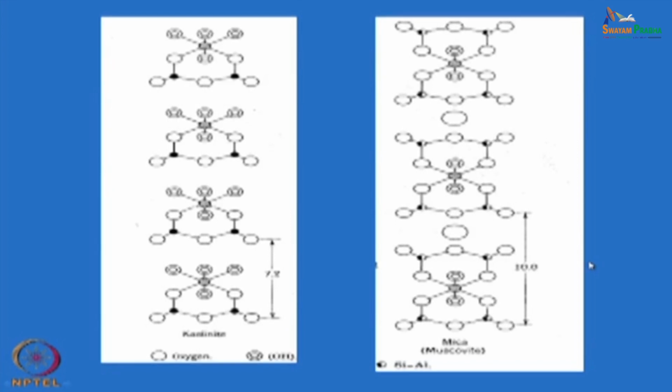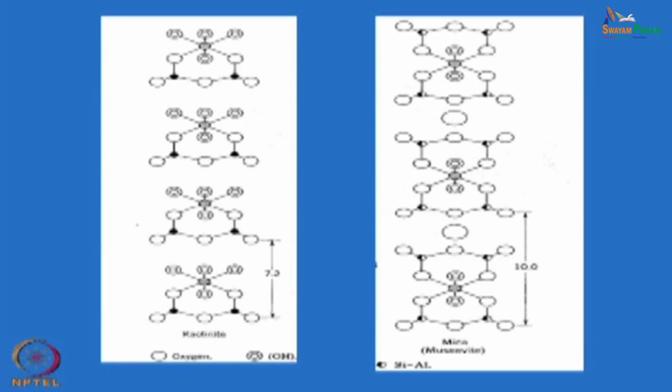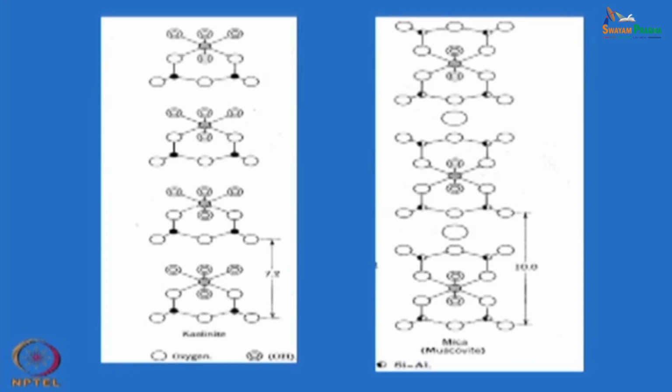So, this is actually a more symmetric structure, in the sense that this side you have silicon oxygen, on the top side also you have silicon oxygen, and in between you have aluminum oxygen hydroxyl. So, one aluminum hydroxide layer is basically sandwiched between two silicon oxygen tetrahedral layers. They are all sheets extending in the x and y directions, but in the vertical C direction, they are repeating themselves in an inverted manner.